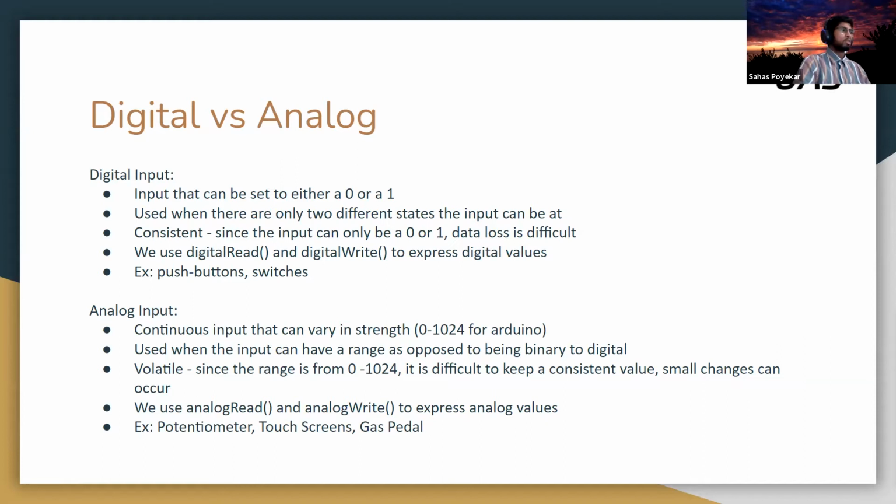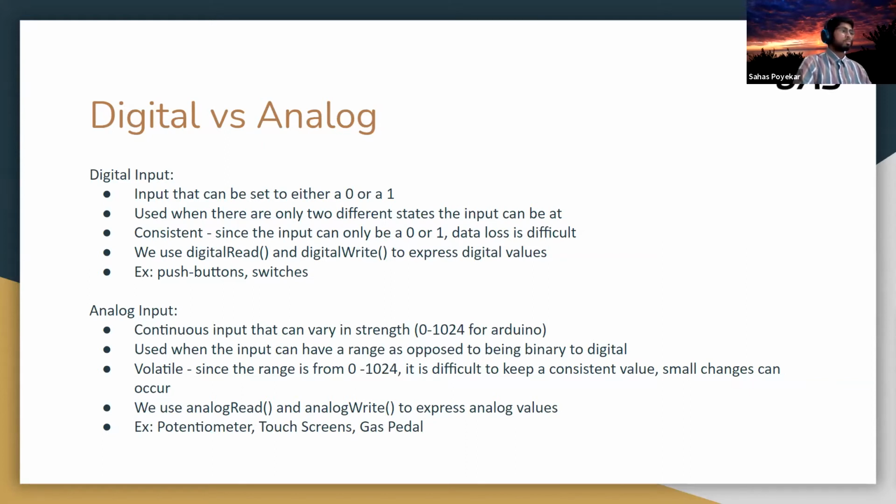With analog input or output, we have a different way of representing data. It's a continuous input that can have a varied strength from 0 to 1024. It's used when controlling different hardware for our Arduino projects requires a range, as opposed to the binary values we get from digital input/output. One problem is that it's more volatile compared to digital input/output.